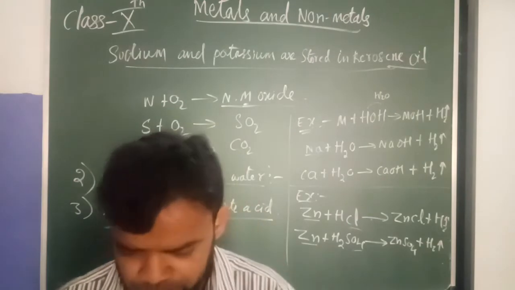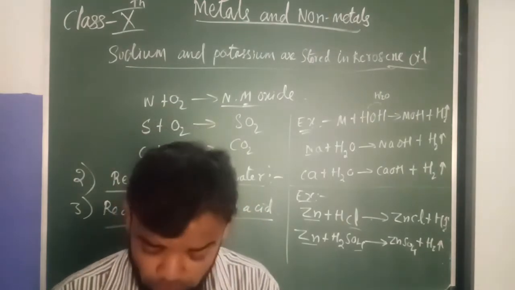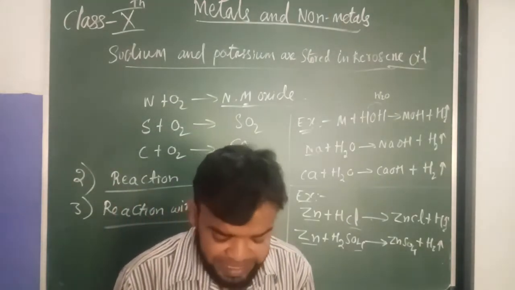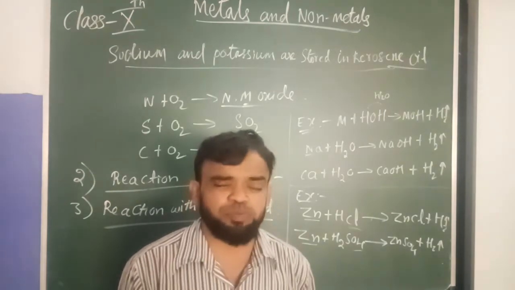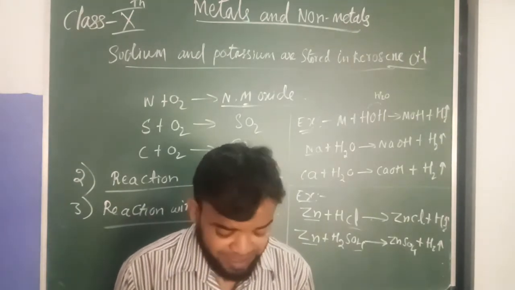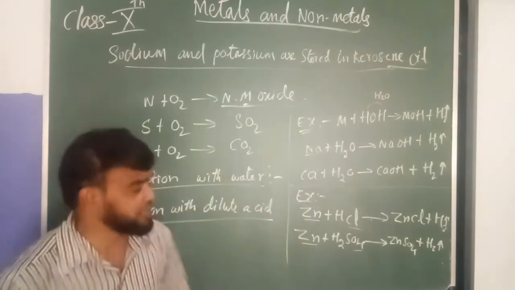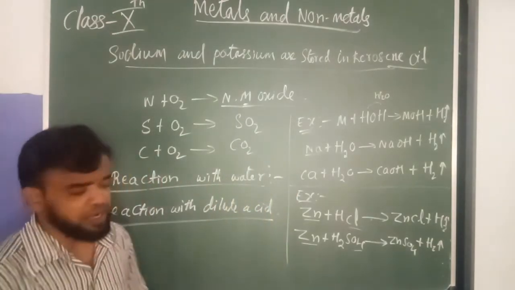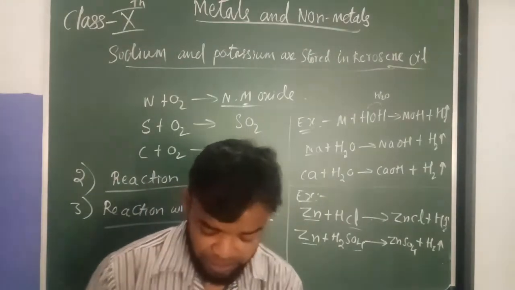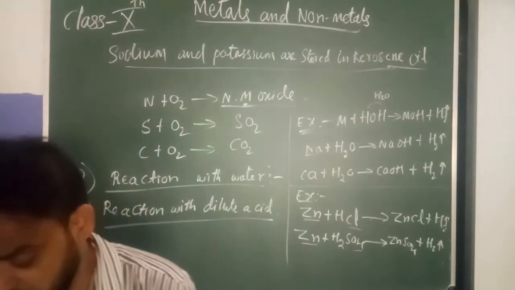Similarly here, they would need to donate electrons to hydrogen, but it is not possible, as they are themselves electron acceptors. Similarly with water and acid, the same pattern follows. Understood?